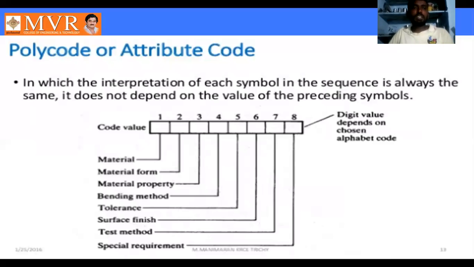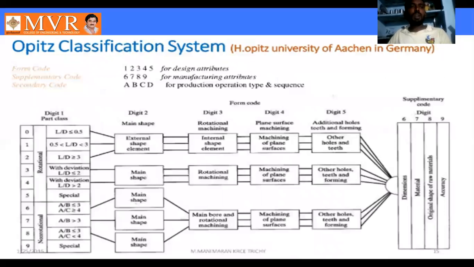Next we can see the Opitz coding system. The Opitz coding system is one example of the hybrid or decision code. The sequence starts with digit one, part classes.